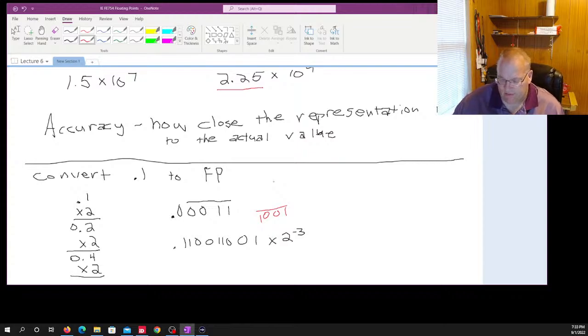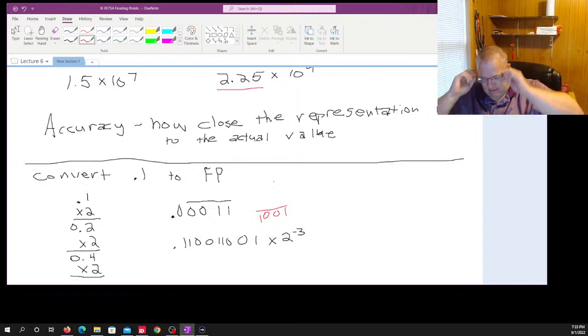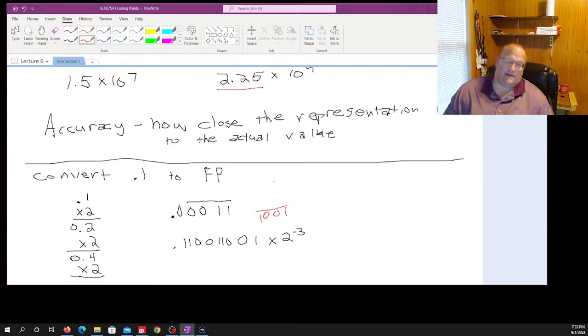And actually, it turns out there's a way to tell when it's not, or when it can't be. I'm trying to remember. I think it has to end in a 5 in order for it to terminate properly. But I could be wrong on that. I'm not 100% sure.